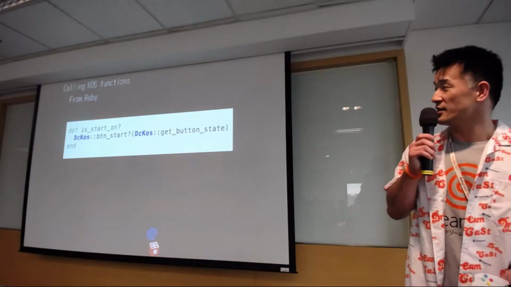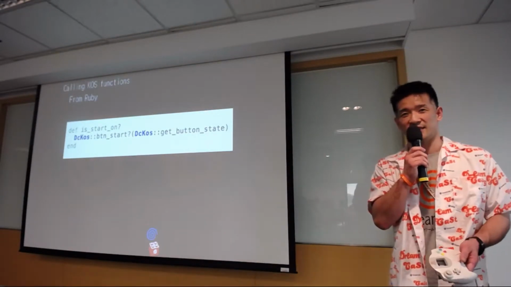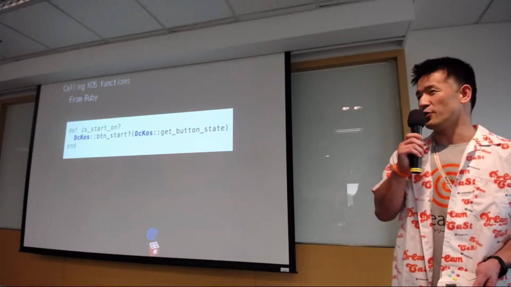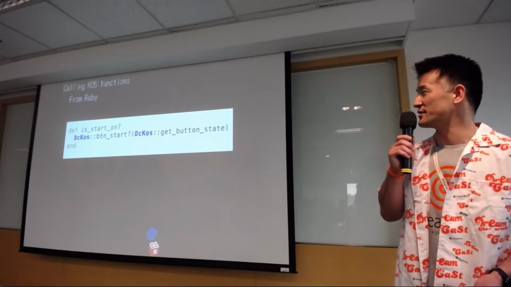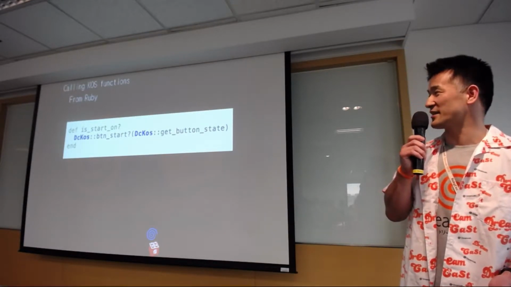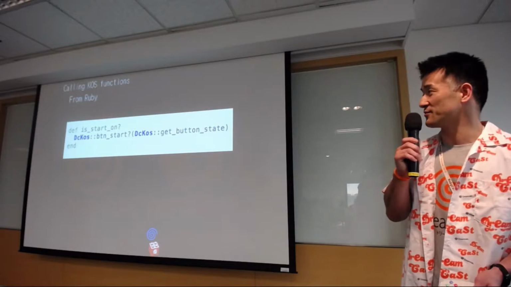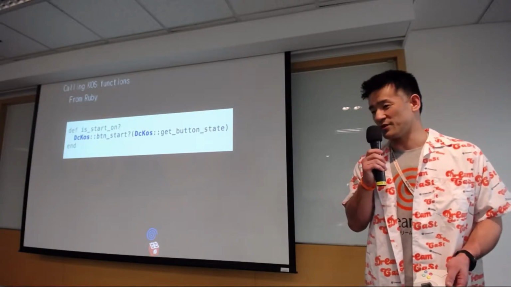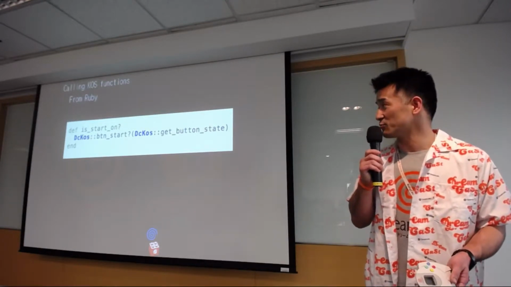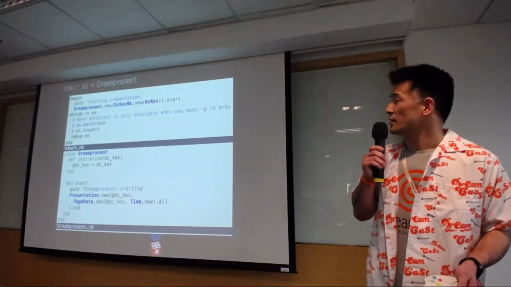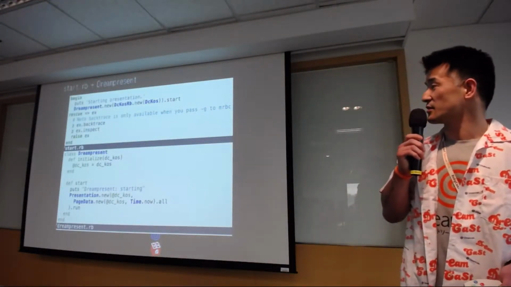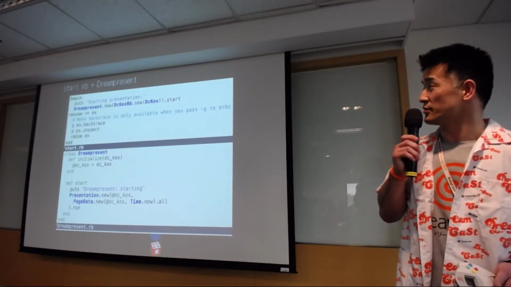But from Ruby, once that is done at C level, this is all you see if you stay within Ruby. So you just get the button state and feed that into the function that checks if the start is on.